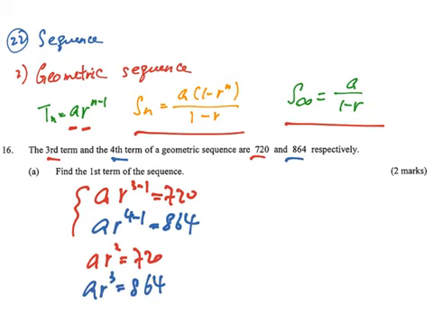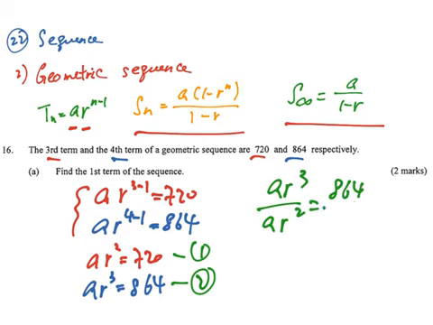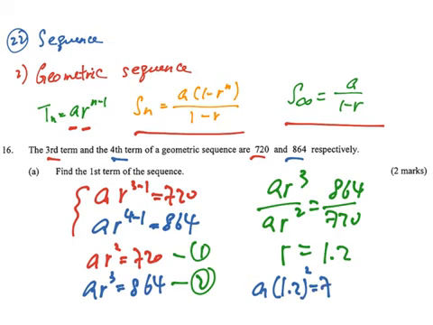Okay, we'll use equation 2 divided by equation 1. So ar cubed over ar squared equals 864 over 720. So r is equal to 1.2. For a, we can substitute r equal to 1.2 into equation 1. So a times 1.2 squared equals 720. So we can get a is 500.